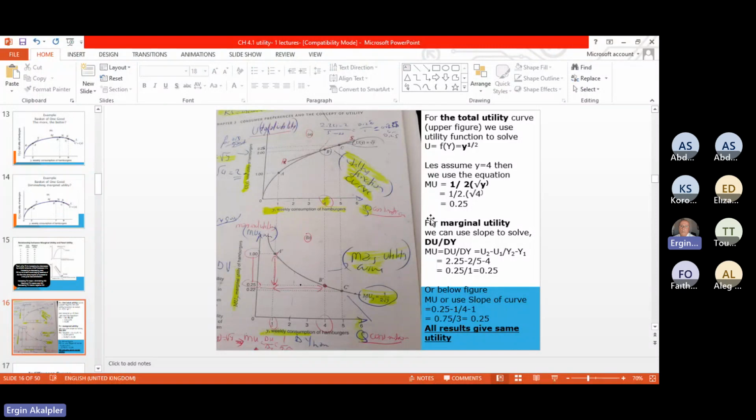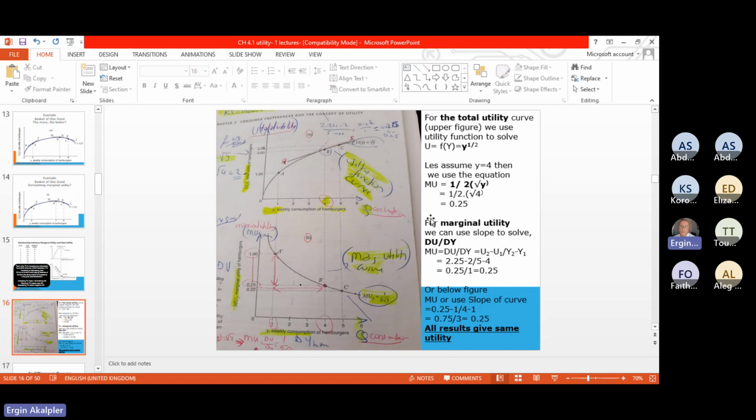I put 2.25, subtract 2, and divide by 5 minus 4. This gives you again 0.25.